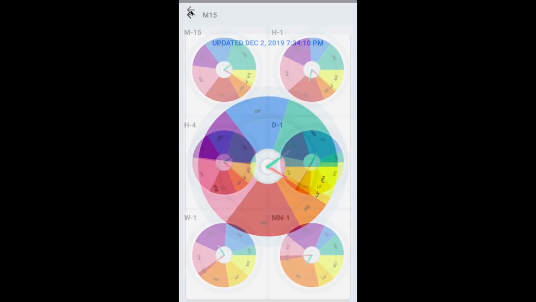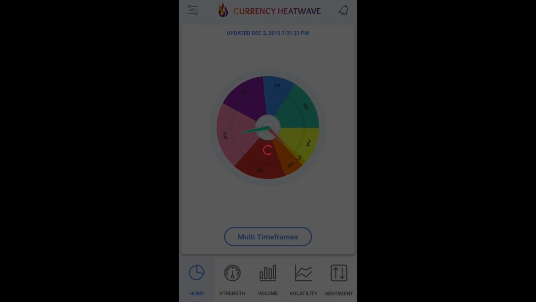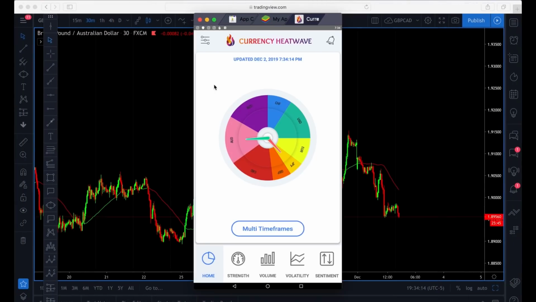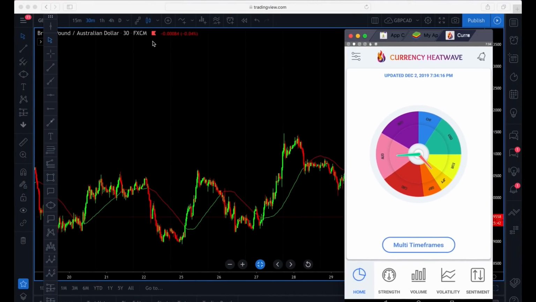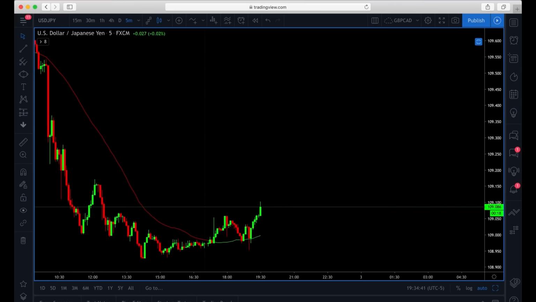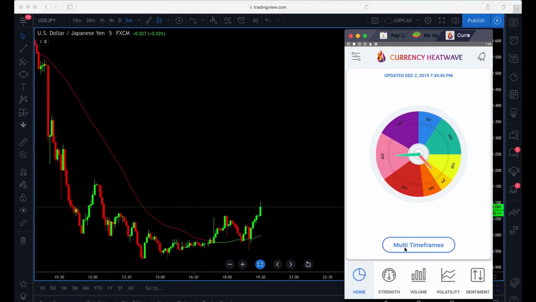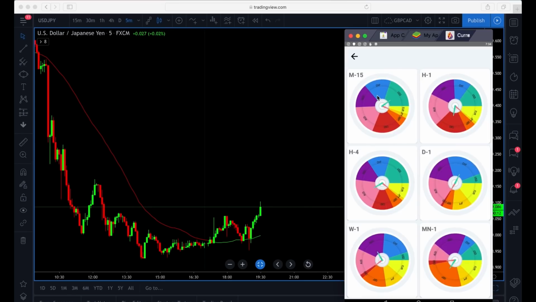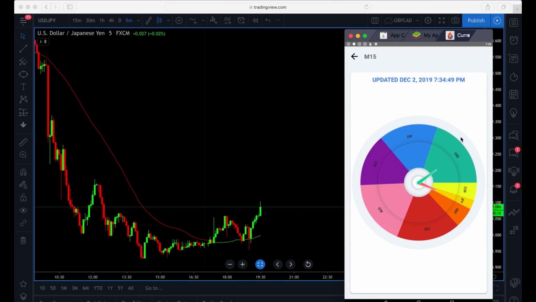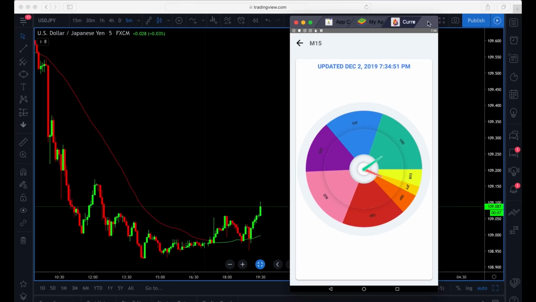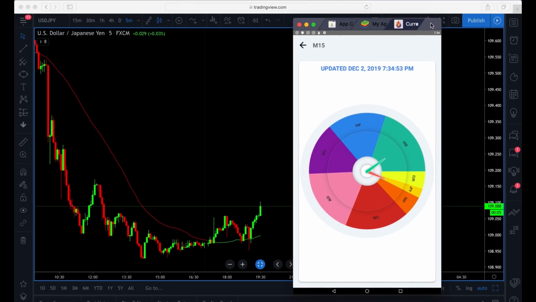So let's go to USD JPY. There we go. And bring up the currency Heatwave, multiple time frames, and click on the 15-minute chart. So USD JPY should be going up, and that's what you see. So you want to time it because this thing is going to change.